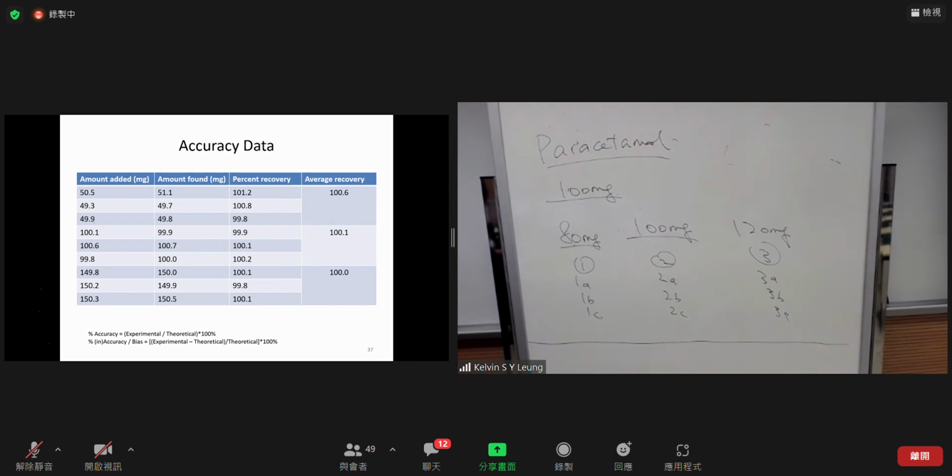So depending on the purpose, the accuracy setting of those 3 concentrations may be different. Okay, but this is some of the ideas for you to have a look on. It will suggest you to prepare 3 different concentrations with 3 triplicates for your accuracy experiment in the method validation.